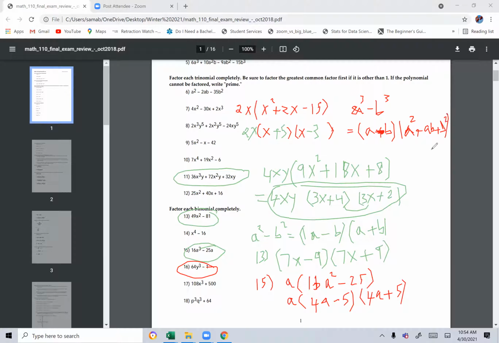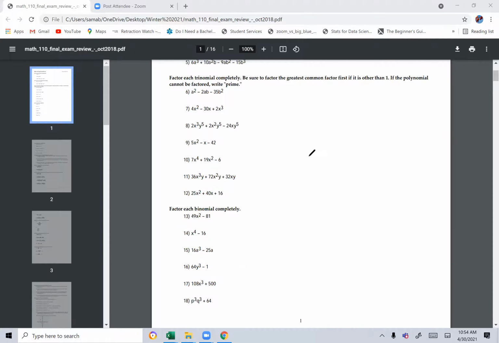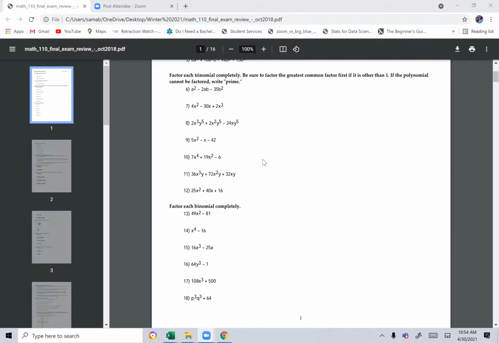There is also a formula for a cubed plus b cubed as well. Try not to just memorize those two formulas if you need to use them. Okay, I'm going to go to the next.